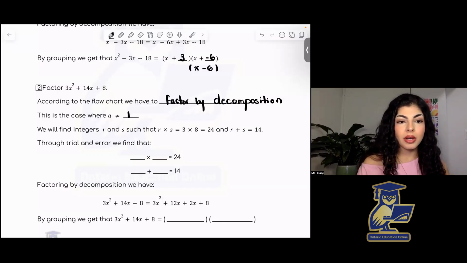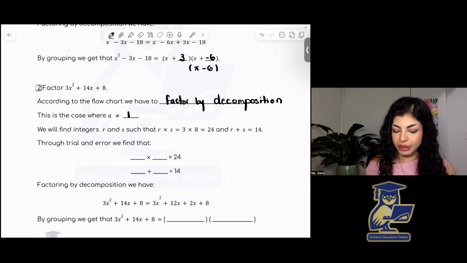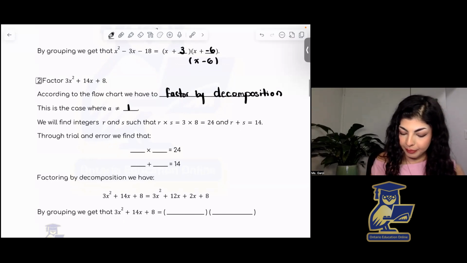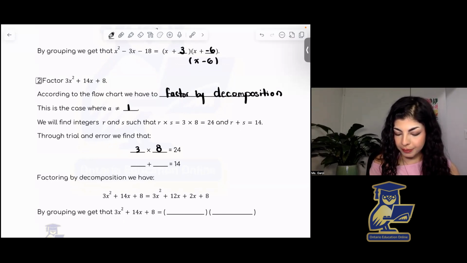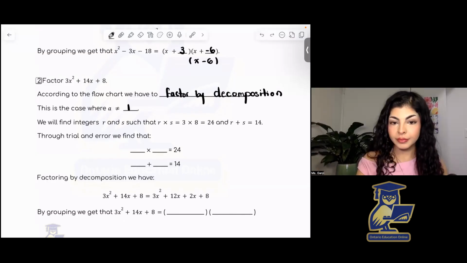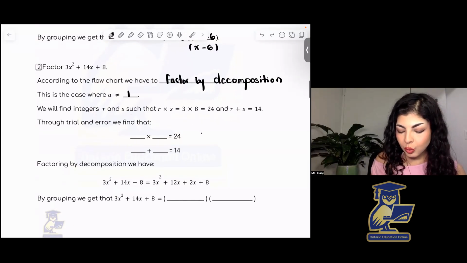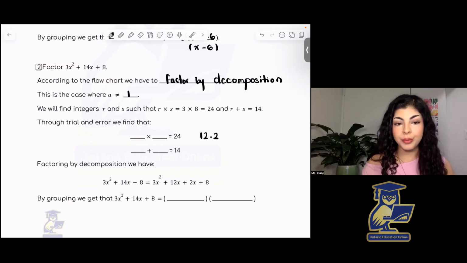So factoring by decomposition now, we want to find integers r and s so that their product is 24 and their sum is 14. So through trial and error, we're going to find that the two numbers that fit this description are going to be 12 and 2.